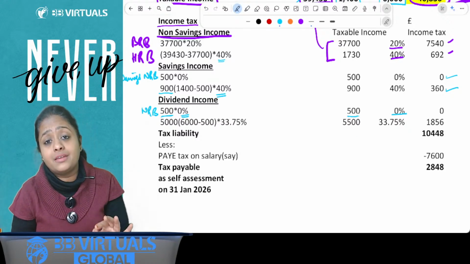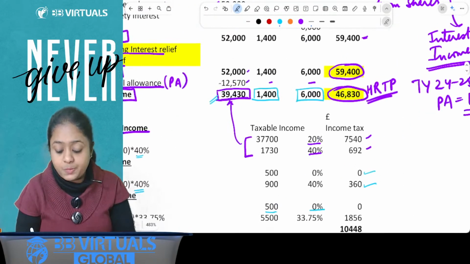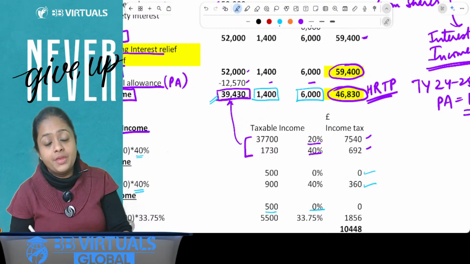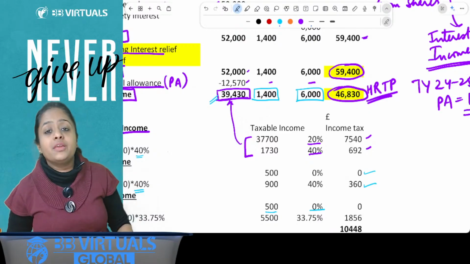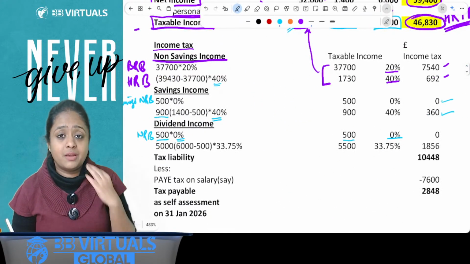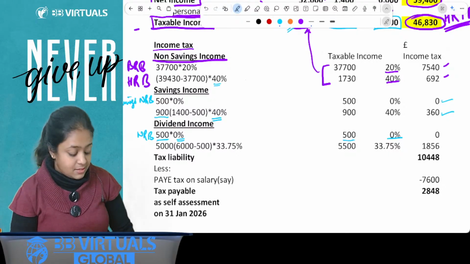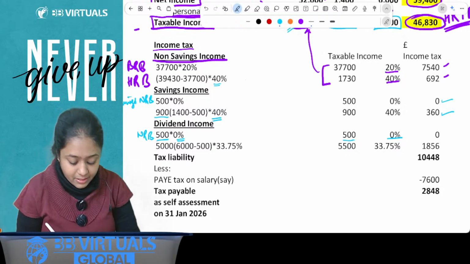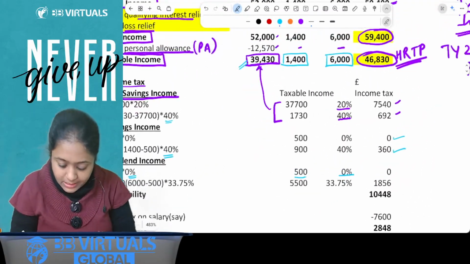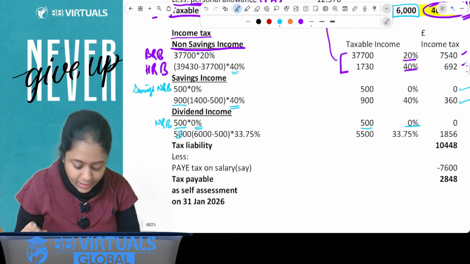At what rate will I tax? Just see the band in which this income will fall. This person is overall a higher rate taxpayer, so additional rate is not getting applied. So this income falls in the higher rate band. And what is the rate for the higher rate band? 33.75. I wrongly took 5,000 here, it will be 5,500.